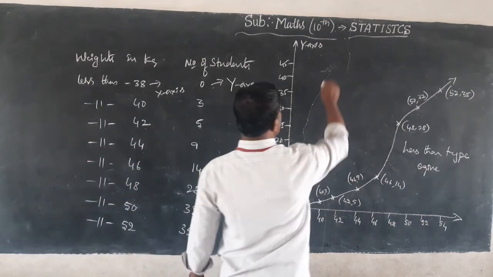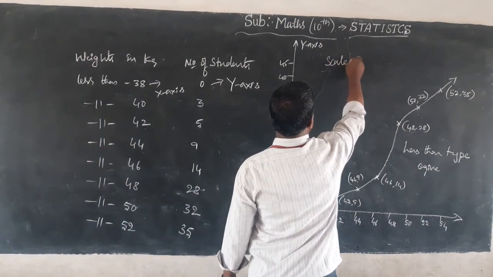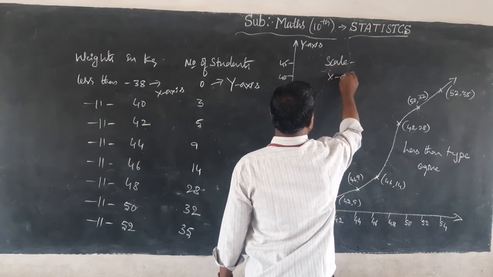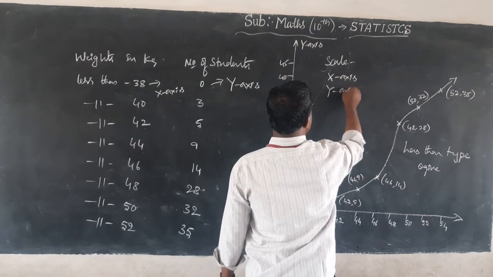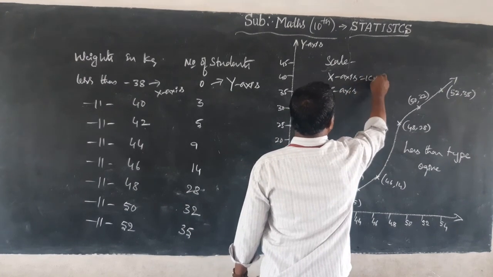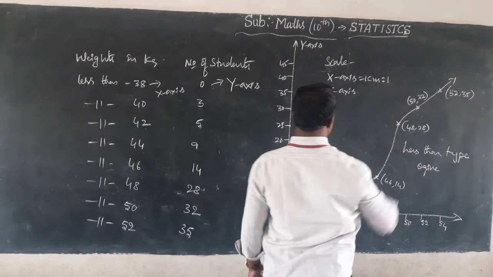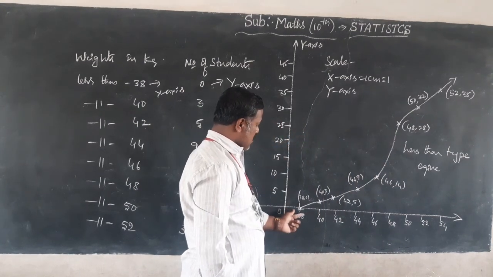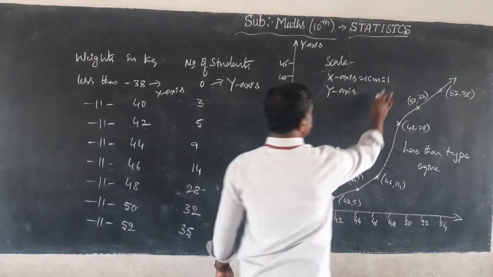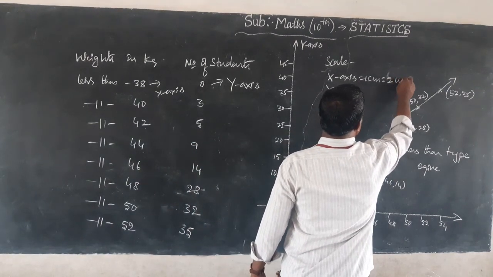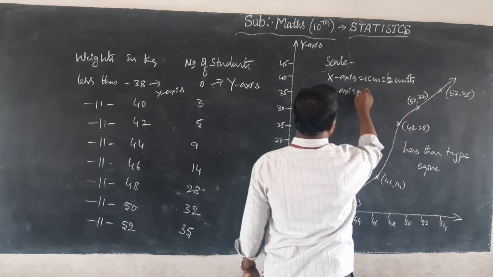And finally, here you should write scale, children. Scale, x-axis, y-axis. On the x-axis we have taken 1 centimeter is equals to 2 units.